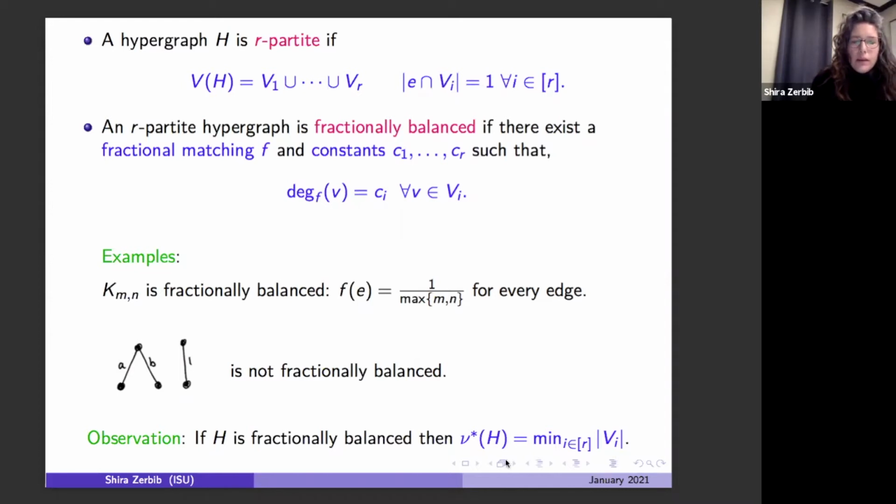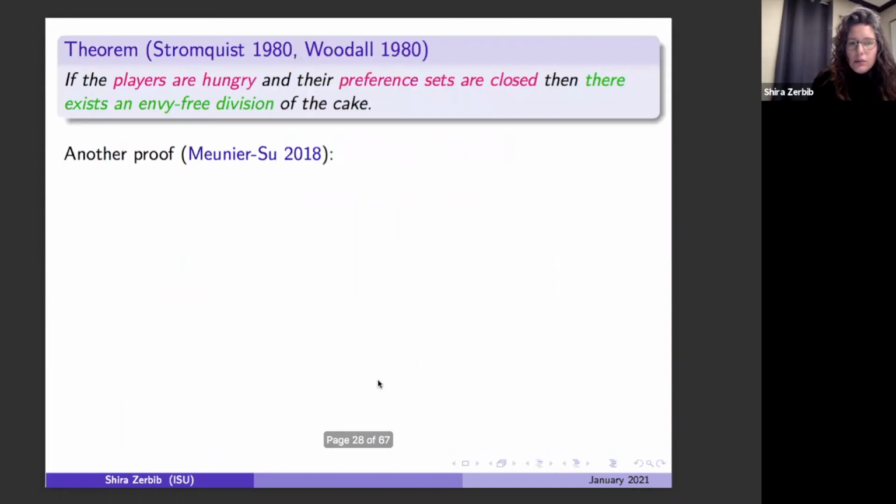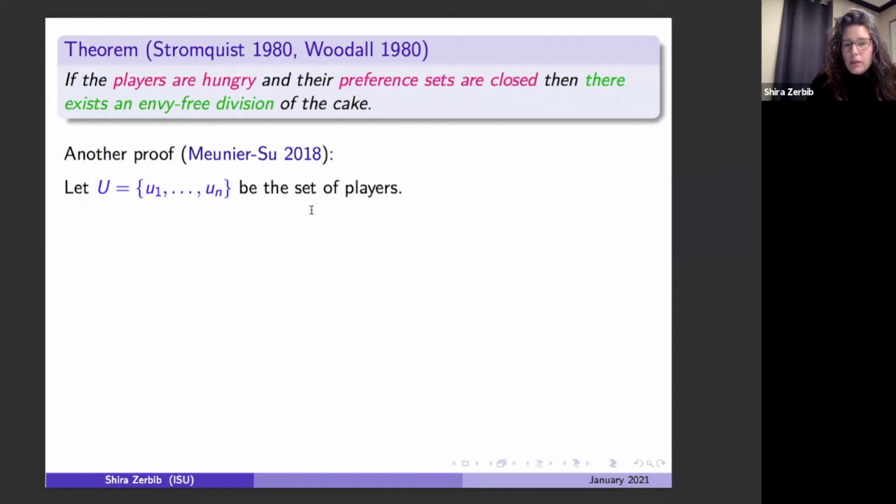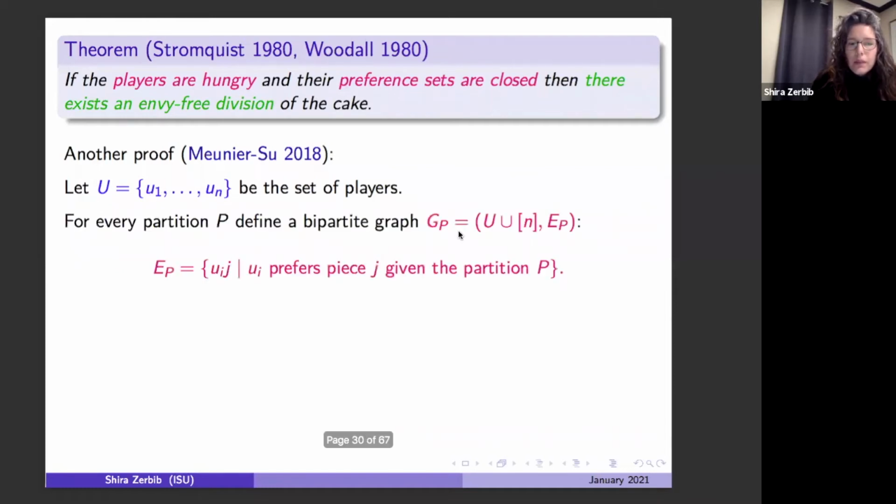Okay, so now we are ready to see another proof of the Stromquist-Woodall theorem, and this is due to Meunier and Su from 2018. So we take Q to be the set of players. So we have players u1, u2, up to un. Remember, we have n players. And for every partition P of the cake, we define a bipartite graph G of P in the following way.